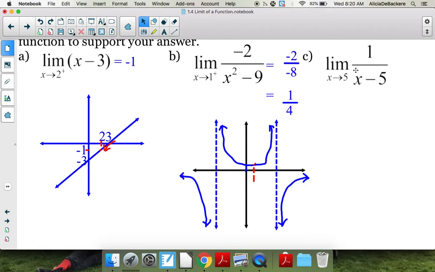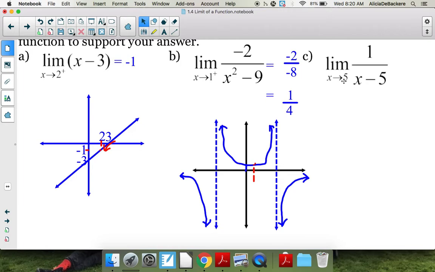All right, our next function here is a little bit different because this time I do have a graph of a reciprocal that's been shifted 5 units to the right. And so my vertical asymptote is at x equals 5, and I want to investigate the limit as I approach x equals 5. So you might have a sense of what's going to happen here if you remember our reciprocal graphs.